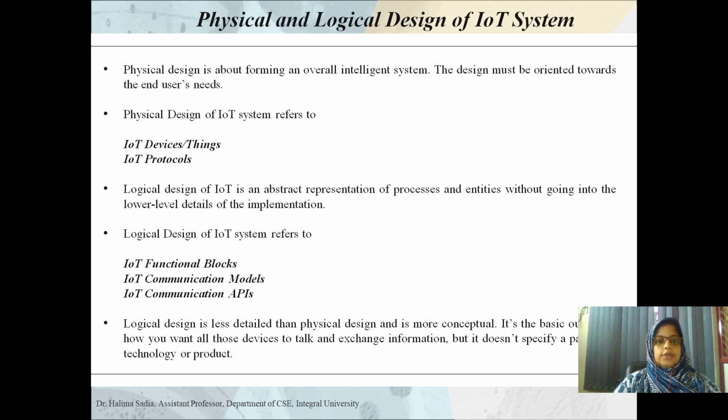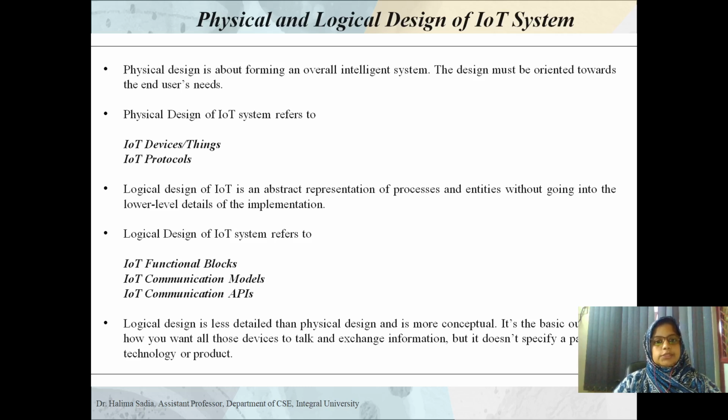The physical design of an IoT system mainly comprises two components: the things, also known as devices, and the IoT protocols that are used to build an IoT system. All these things or devices are called node devices, and every device has a unique identity that performs remote sensing, actuating and monitoring work.